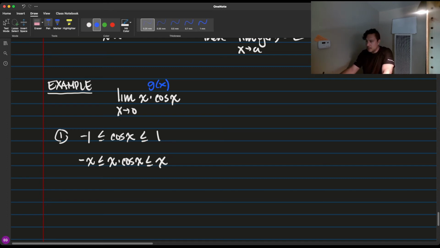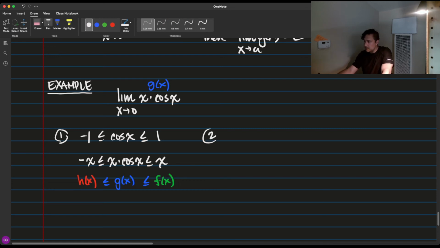This in the middle is now our g of x, and we have on the outside our f of x, the bigger one, and h of x, the smaller one.